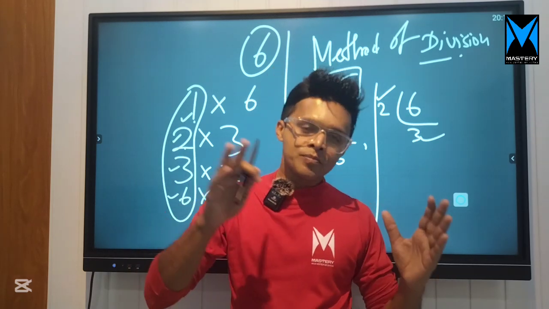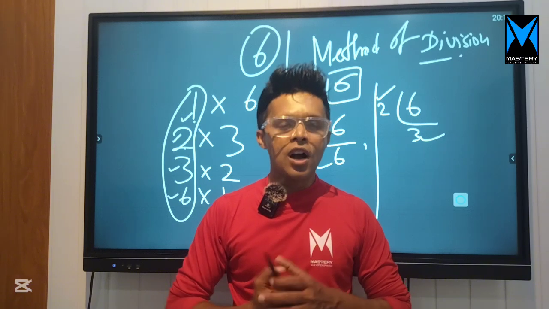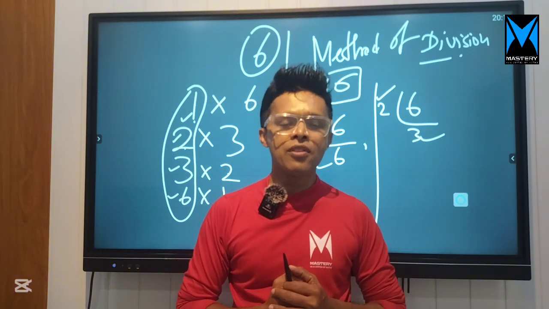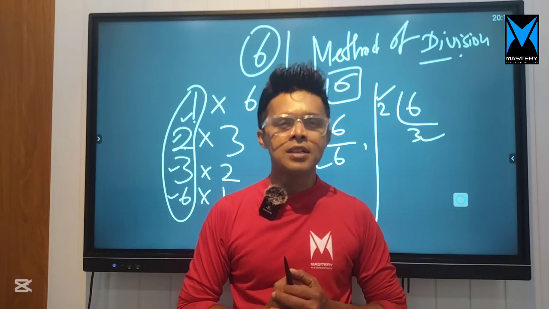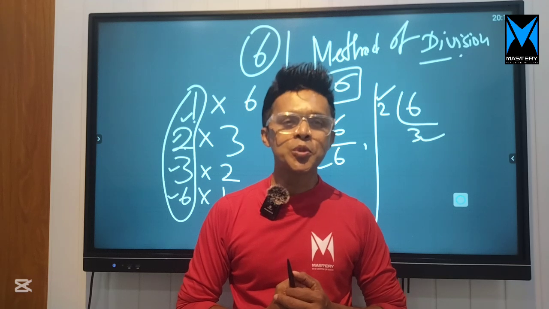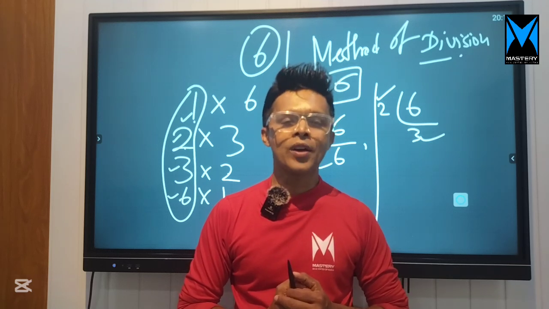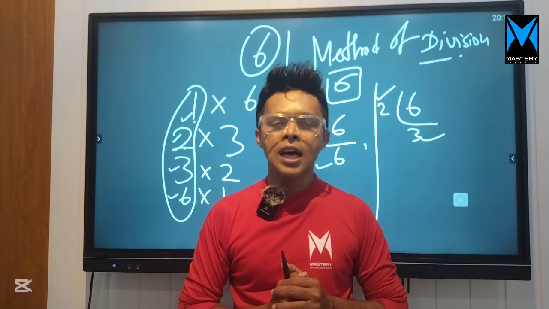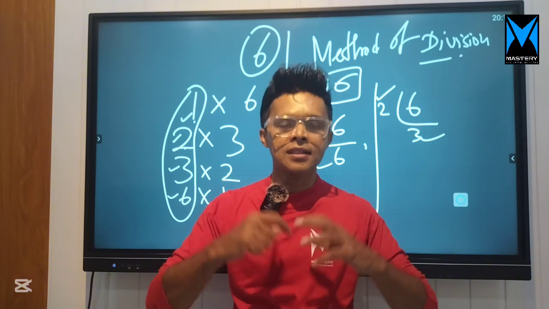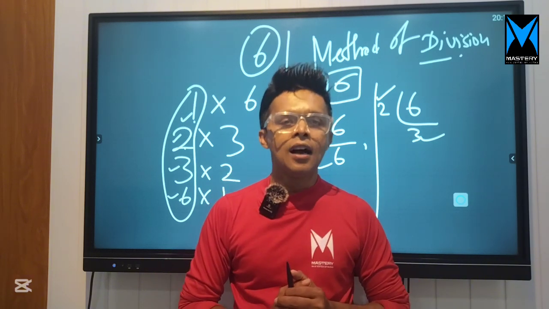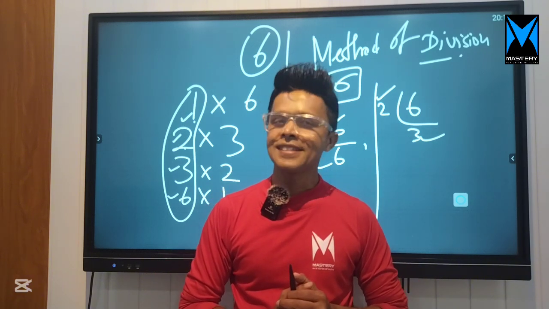Okay, so now we understood the way of getting the factors of a given number. So try to do the sums found in your textbook. I will be doing the other segment of this lesson in the near future. Thanks a lot.